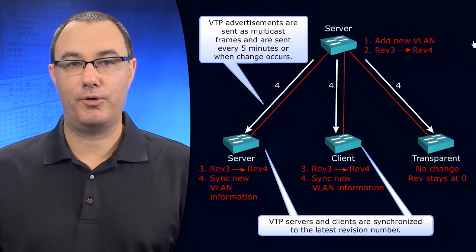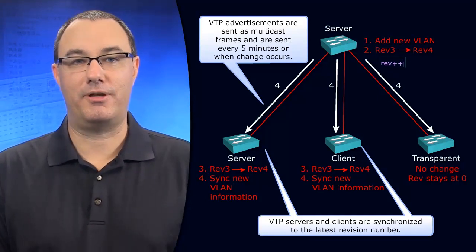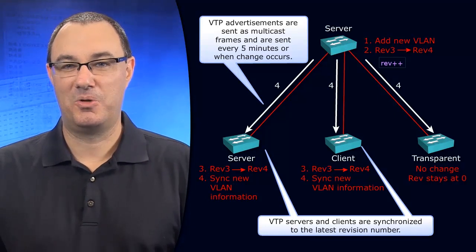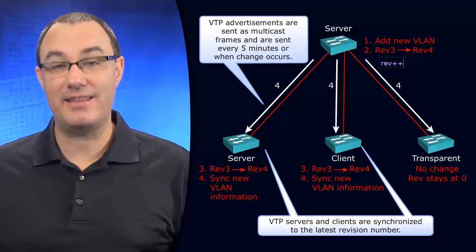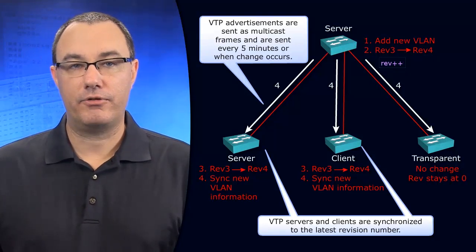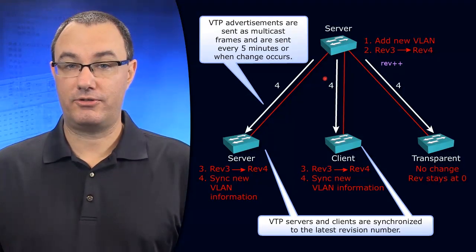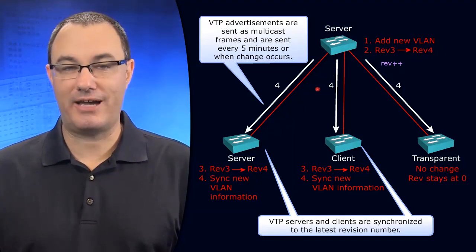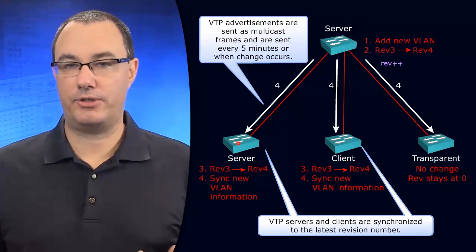So if you're a programmer, think rev plus plus, or plus plus rev, however you want to do that. Add 1 to the existing value, and then advertise that change over your trunk links. It's always over your trunk links.